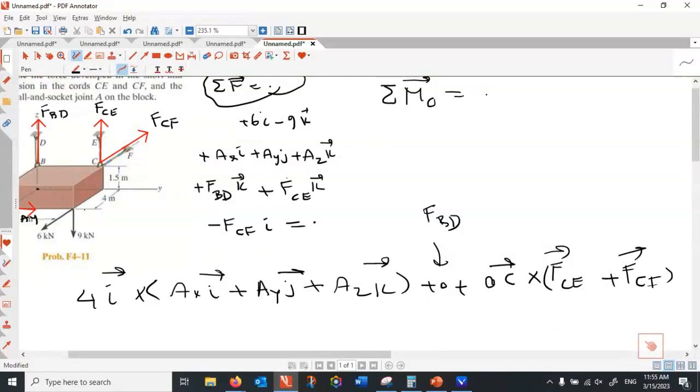And finally, I can add these two forces with the same point. Let's call this point G. So the position vector for that would be OG, right? So that is plus OG as a vector multiplied by 6I minus 9K.